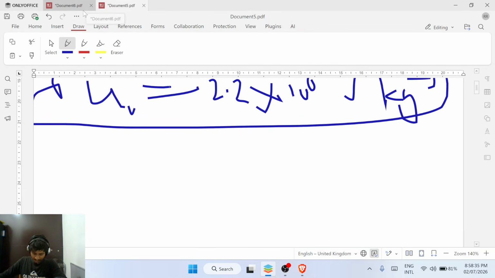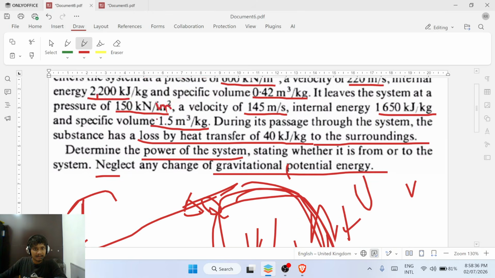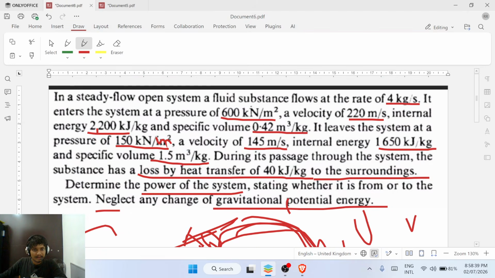Then they mentioned that the specific volume at the initial stage is 0.42 meter cube per kilogram.